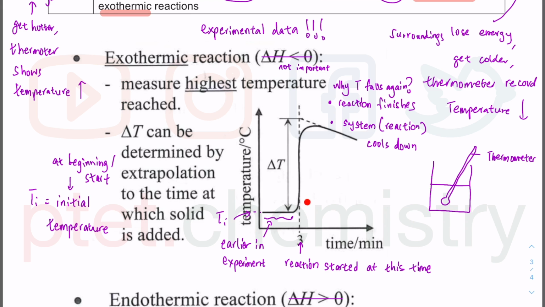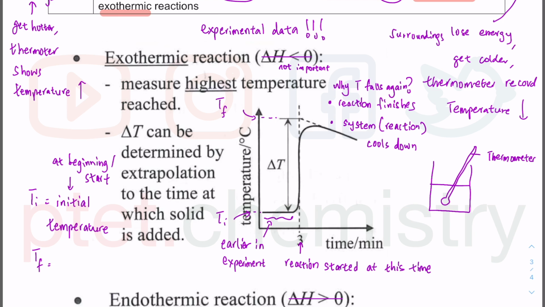That's essentially what happened. The reaction heats up, the surrounding gets hotter. That is because the surrounding received the energy from the system. The system releases heat, so the surrounding, which is what we see, has an increase in temperature. And when you extrapolate, it means we want to work out this point, which is going to be the maximum or the final temperature.